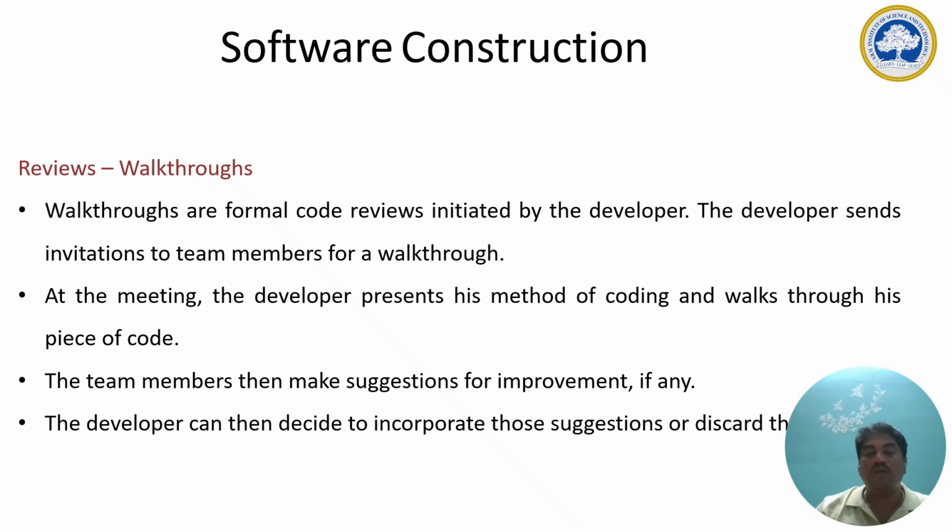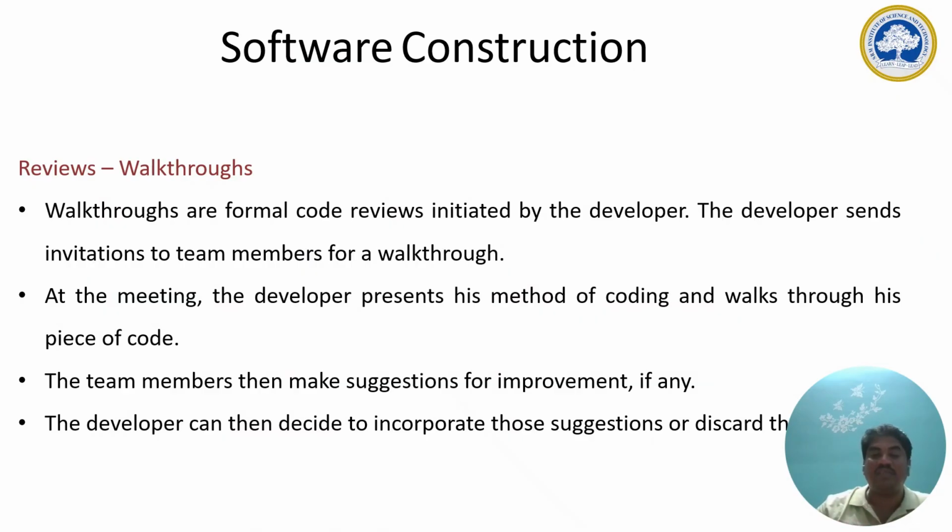The second one is walkthroughs. A walkthrough is a formal coding review method. It should be initiated by the developer only. Like the previous method, the developer sends an invitation to team members for the walkthrough. Higher-level officers, the next team, or an experienced team leader are called, and they come to our project and test particular functions, not the whole project.